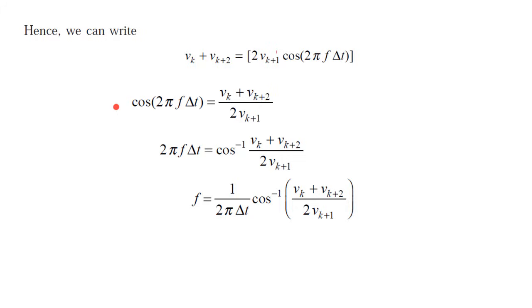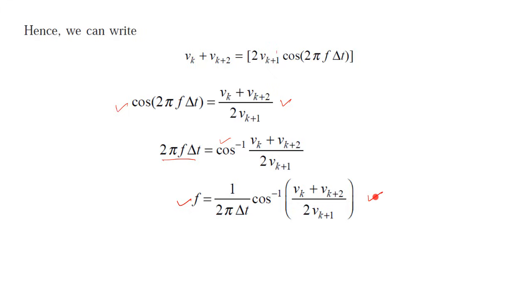Now from this expression, cos 2 pi f delta t will be equal to V(k+2) by twice V(k+1), and from this, 2 pi f delta t will be cos inverse of V(k+2) by twice V(k+1), and from this I can write f equal to 1 by 2 pi delta t cos inverse of V(k+2) by twice V(k+1).